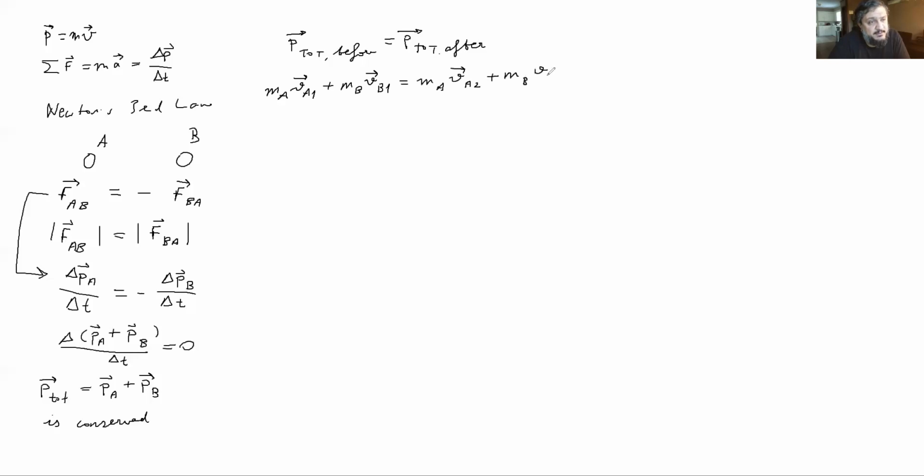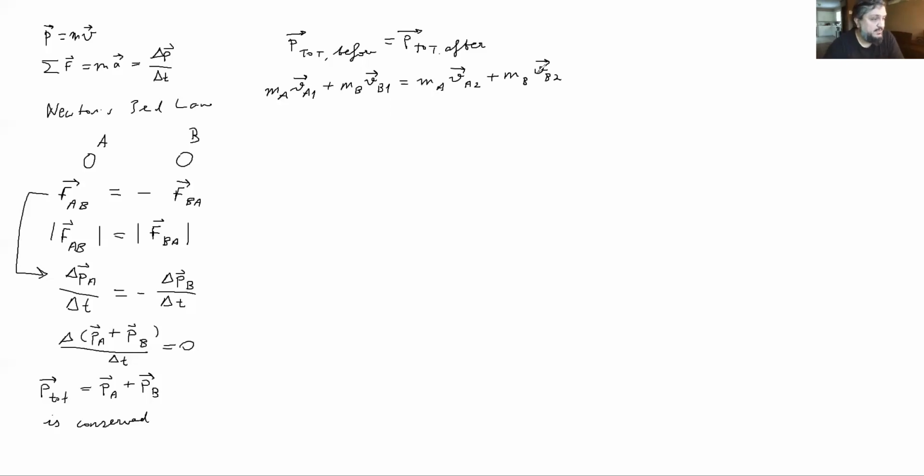mB, vB2. All right, so this will be the starting point when we analyze collisions. Okay, so this equation here is a consequence of Newton's second and third laws.